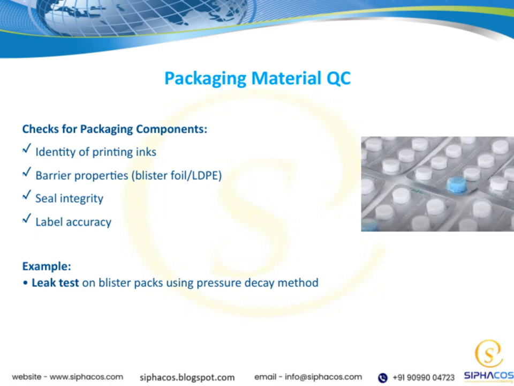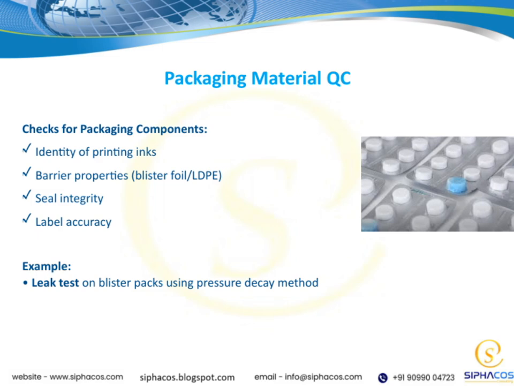Seal integrity is another vital point. Making sure the seals are secure and intact prevents contamination and maintains product quality. Label accuracy is also essential, as it guarantees that all labeling information is correct, clear, and compliant with regulations. For example, a common test we perform is a leak test on blister packs, which uses a pressure decay method.